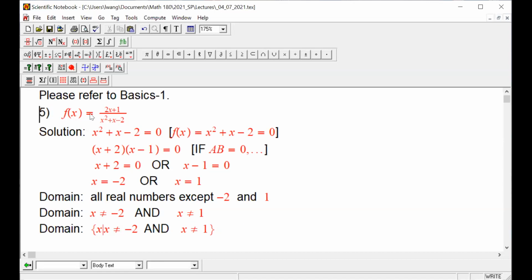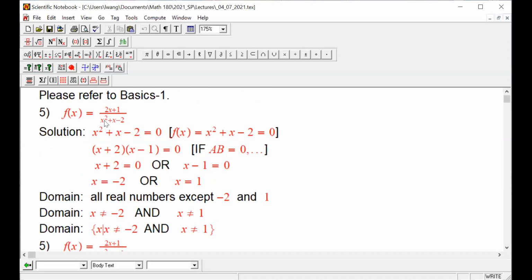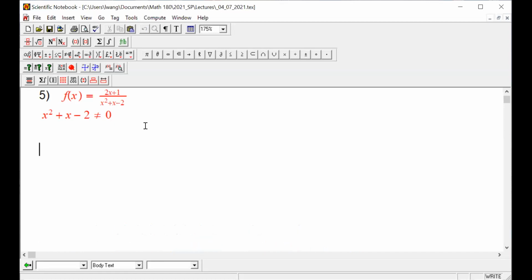Now let's look at the second way to do it. The setup, of course, is just the opposite of it. You just go straight to say, okay, the denominator cannot be 0. This is actually the way I usually use.